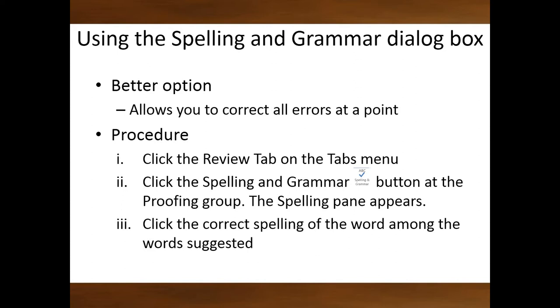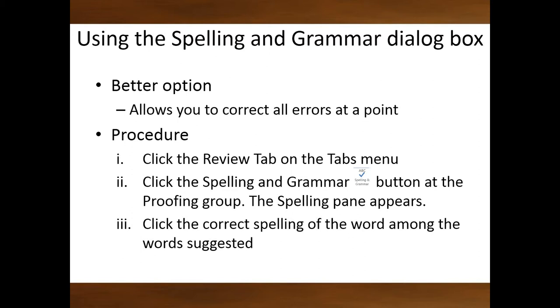You notice that if, let's say, you have hundreds of words wrongly spelled, it means you have to right click each one of them and choose the correct one, which would be quite tedious. But in Word, we have one place that can allow us to identify the words and then correct them at that particular point. And that is the spelling and grammar pane.